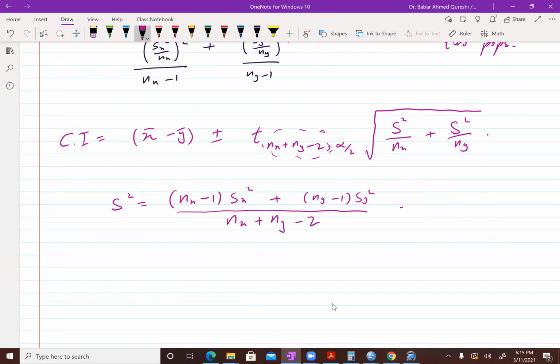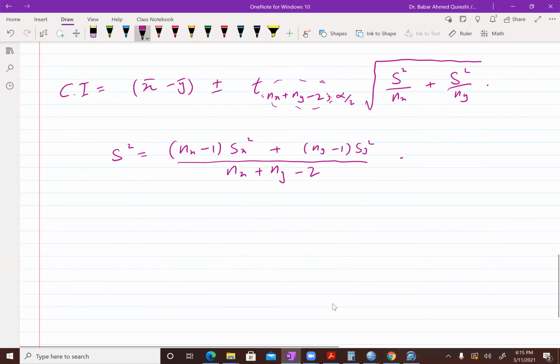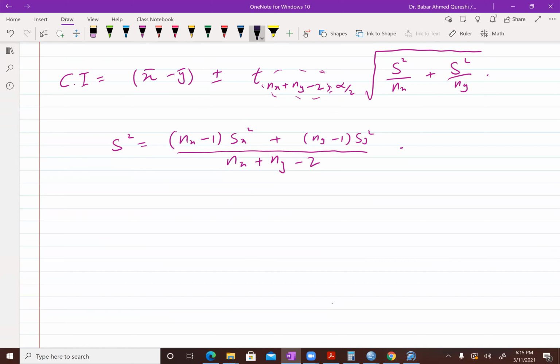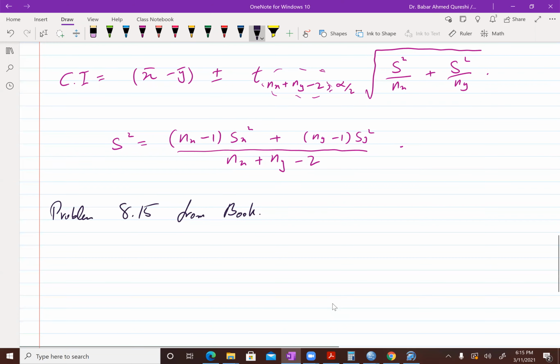Now let's do an example. Suppose you are given this problem, 8.15 from the book. You are tracking the salaries of recent graduates of some institution.